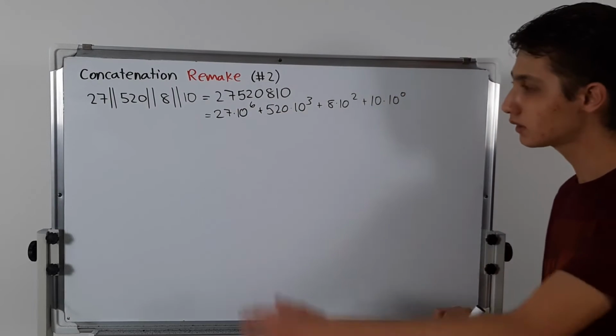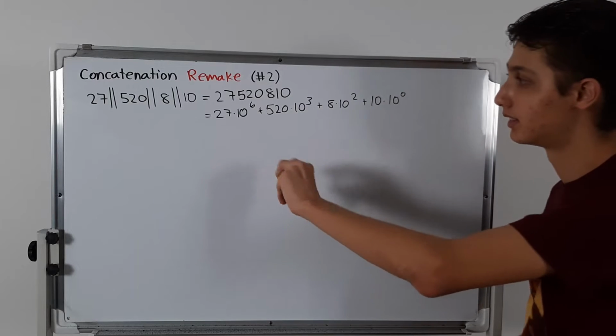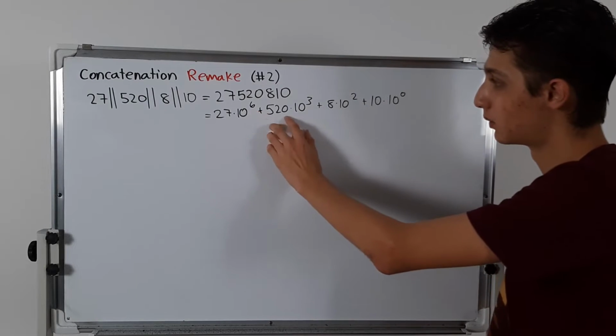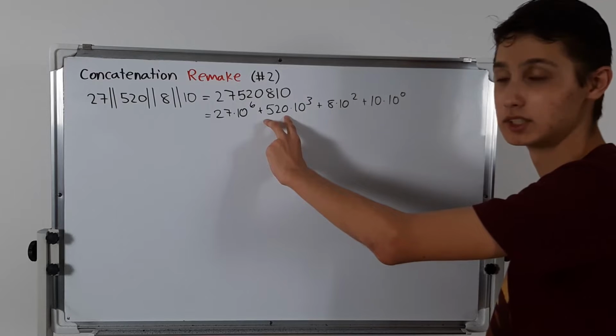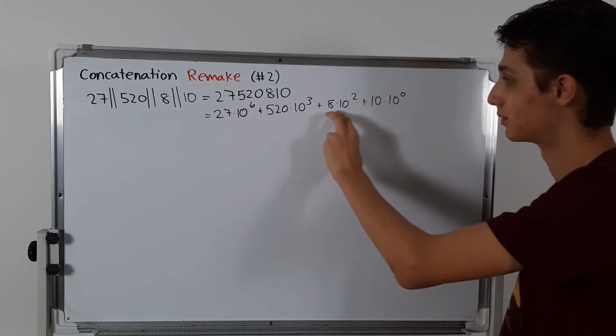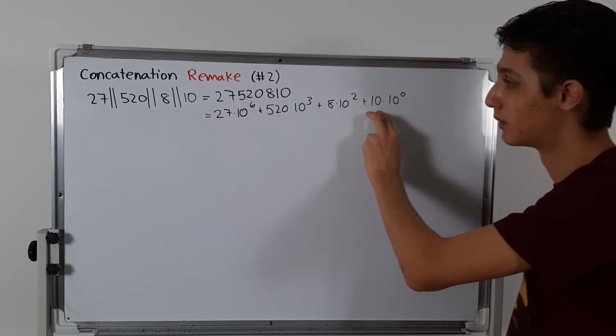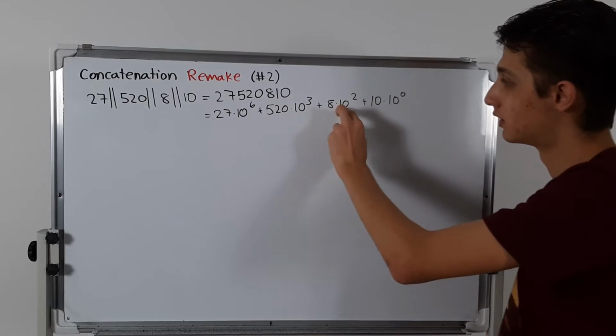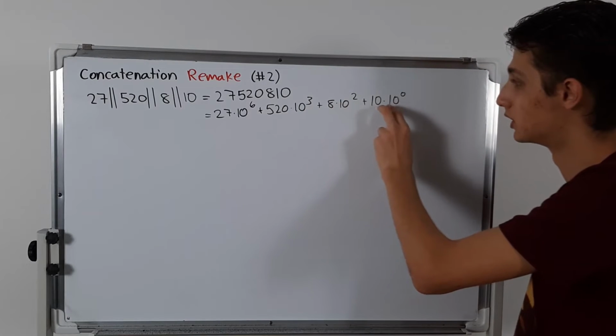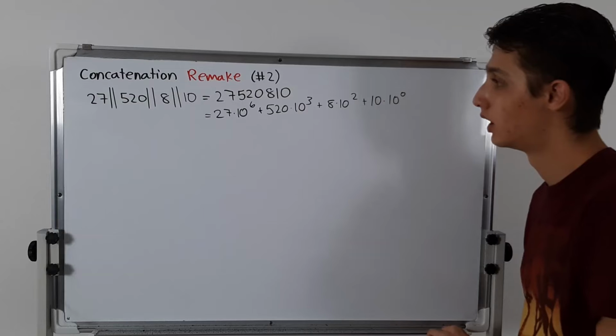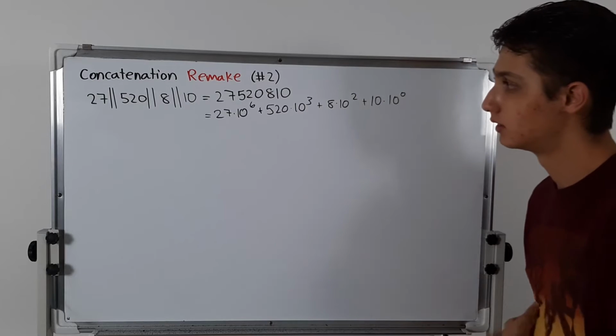What you may notice is that this 6, you can say, well, you take the number of digits from here, plus the number of digits from here, plus the number of digits from here. This 3 is the number of digits from here, plus the number of digits from here. So, you can really easily see that.